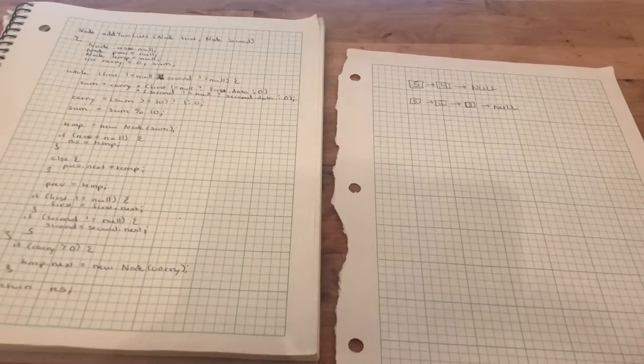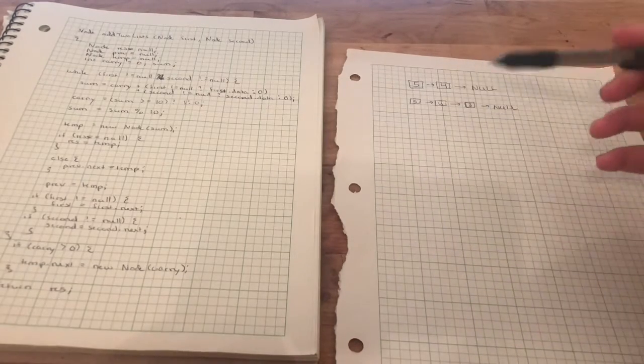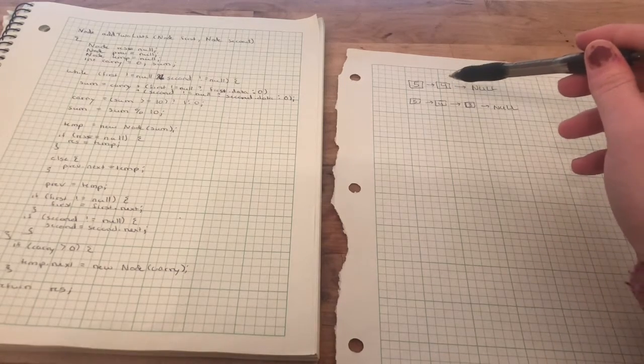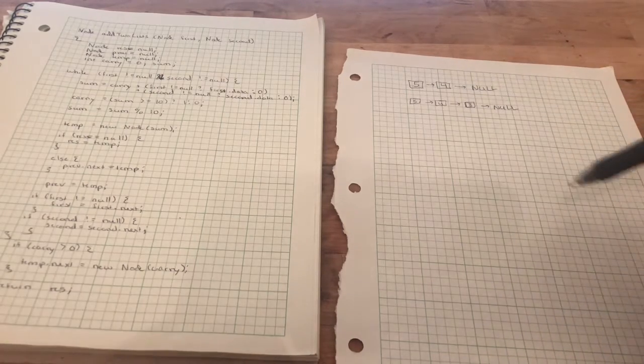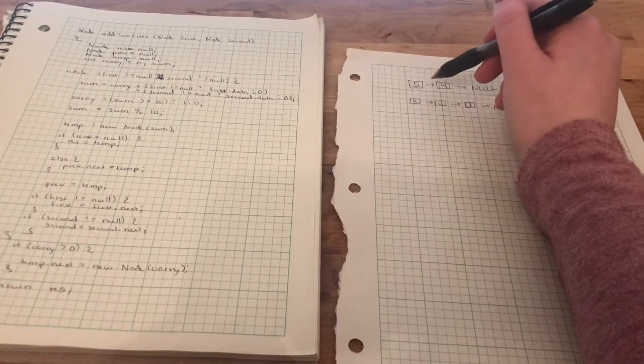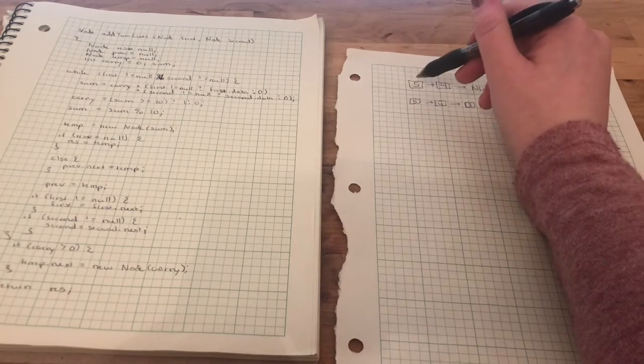We're going to be taking two linked lists and adding them together and getting a resulting sum linked list. For this problem, the numbers that these lists represent are in reverse of what's shown.